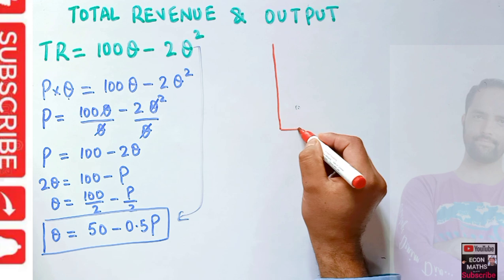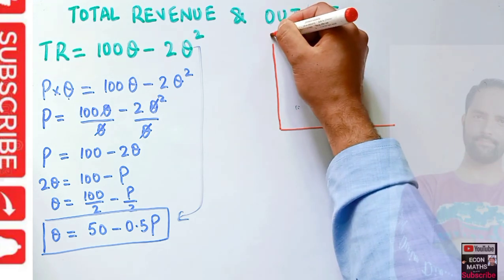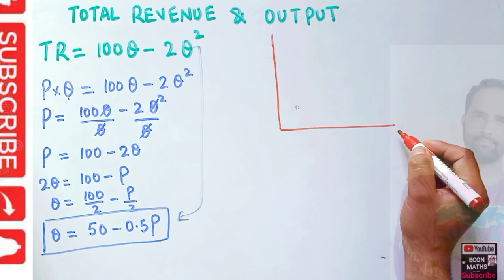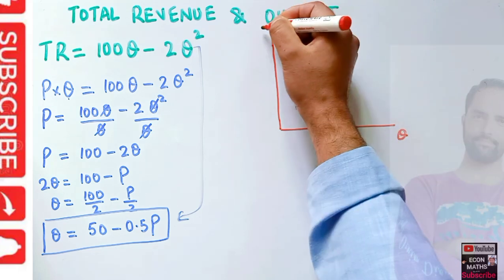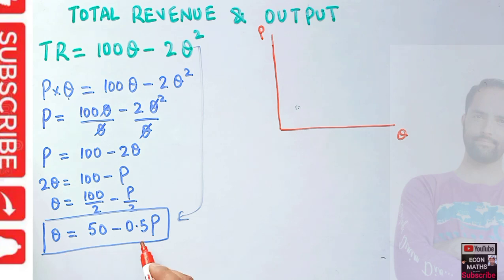For the demand function, we have output on the horizontal axis and price on the vertical axis. You can clearly see there is a negative relationship between output and price. That means if price decreases, output will increase, and if price increases, quantity demanded of the output will decrease. This is ensured by the minus sign.